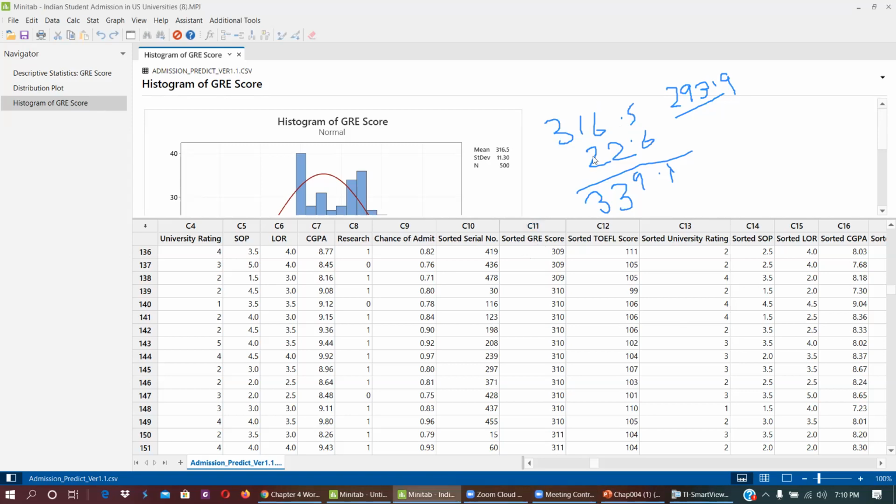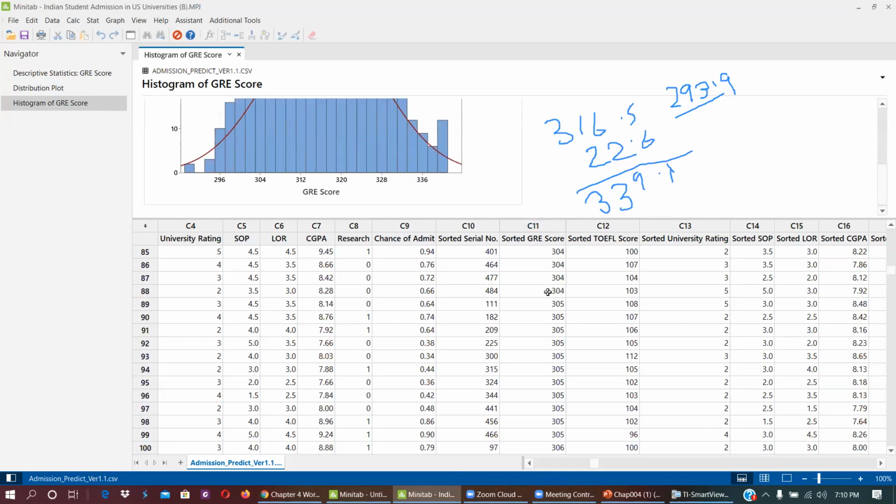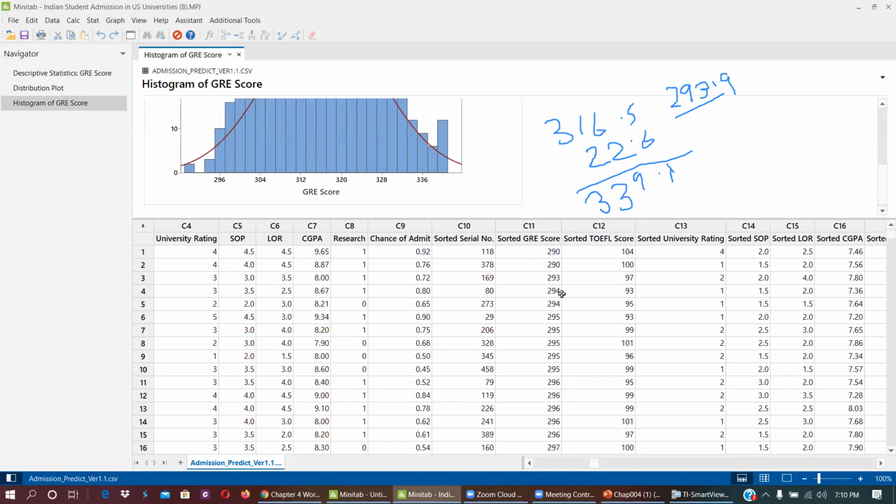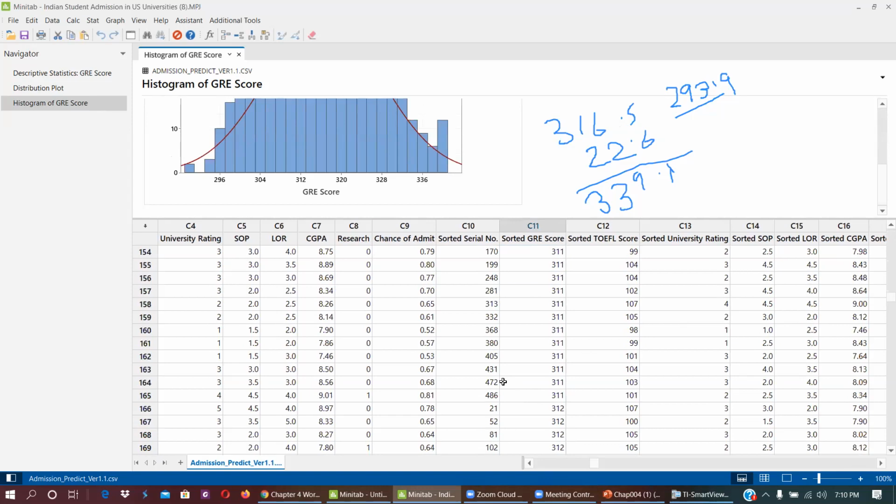Okay, so just see. 293, so this is not coming. This is not coming. Is this coming? So the first three numbers are not coming in our range. Now let's go to the last, 339 point, so basically 330.